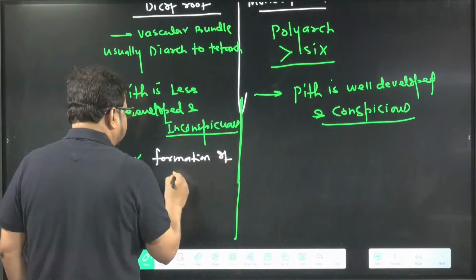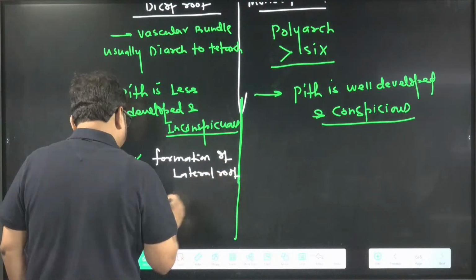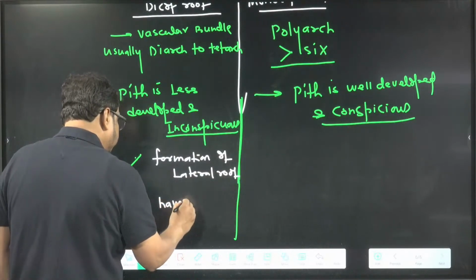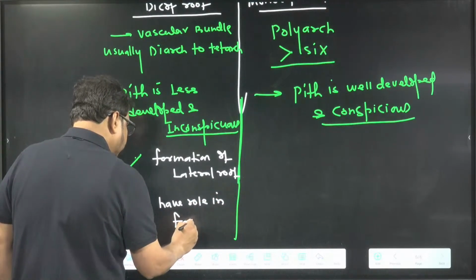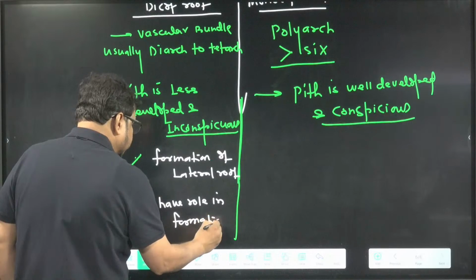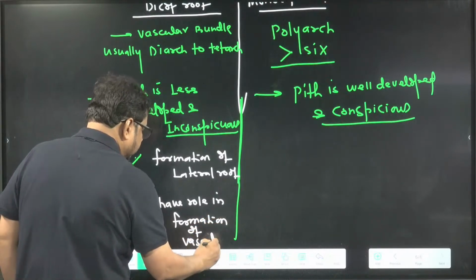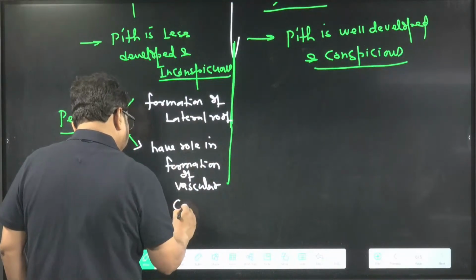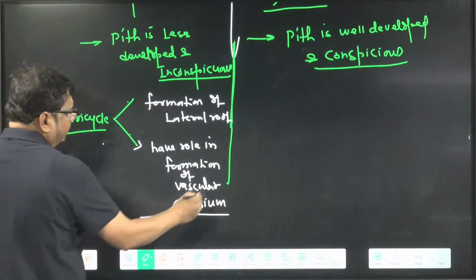The second function is that it has a role in the formation of vascular cambium. Understanding the idea or not?